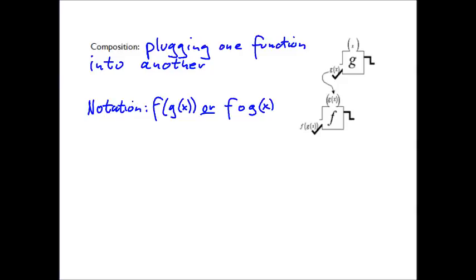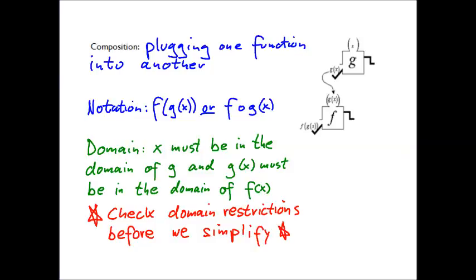When we have compositions of functions, we have to be extra careful with our domain. x must be in the domain of g. In other words, up here, remember, our input must, of course, be allowed to put into the function g.